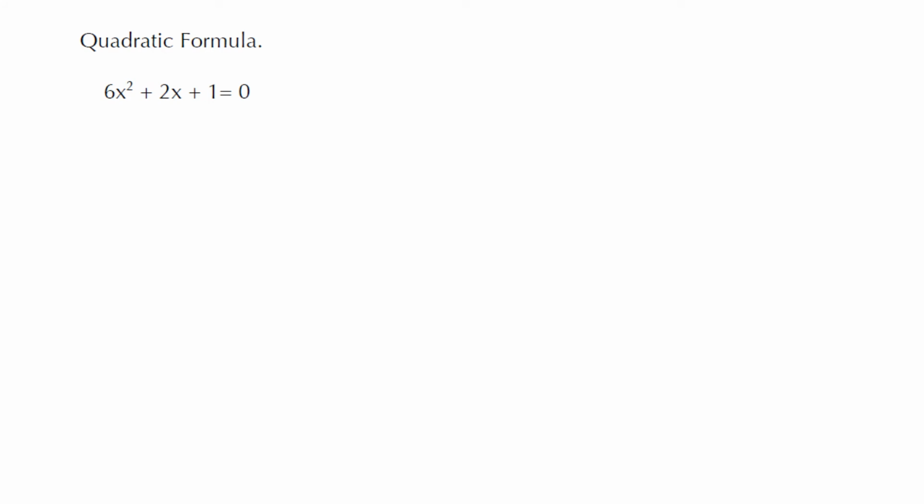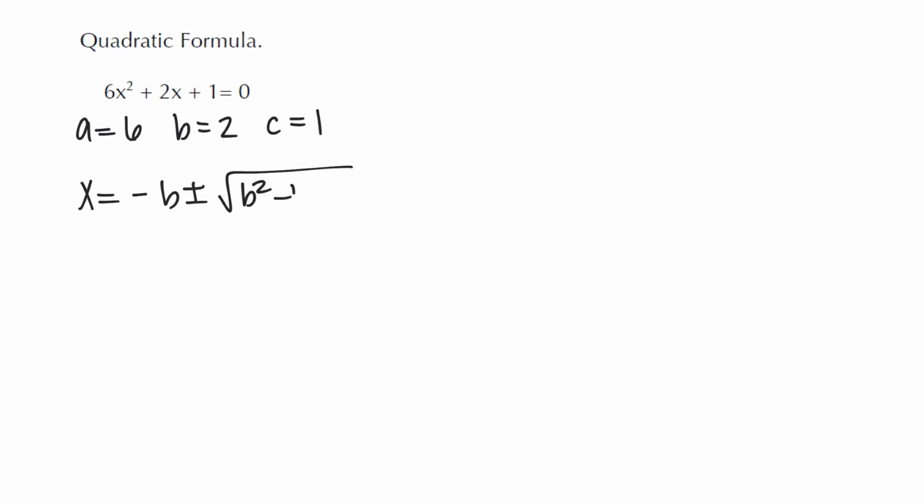Okay, last we have the quadratic formula. So remember, this one is set up for us, but remember the quadratic formula has to be set equal to 0. Then you identify your parts. So I have that A is 6, B is 2, and C is +1. So then my formula, x is equal to the opposite of b plus or minus the square root of b squared minus 4ac, all over 2a.